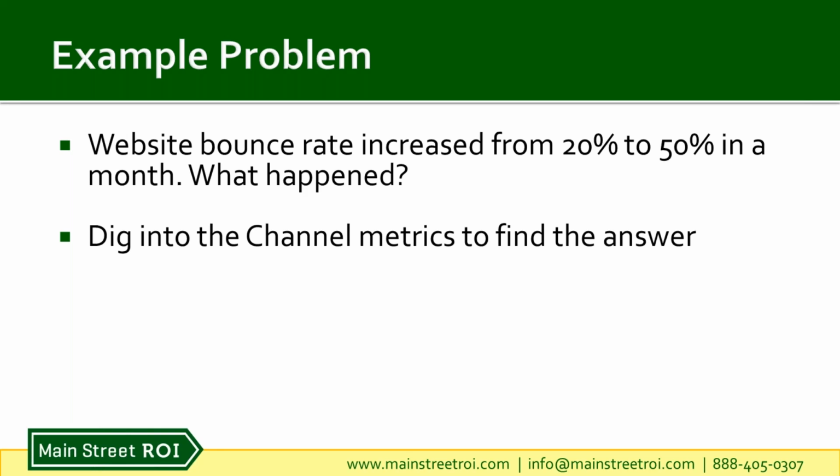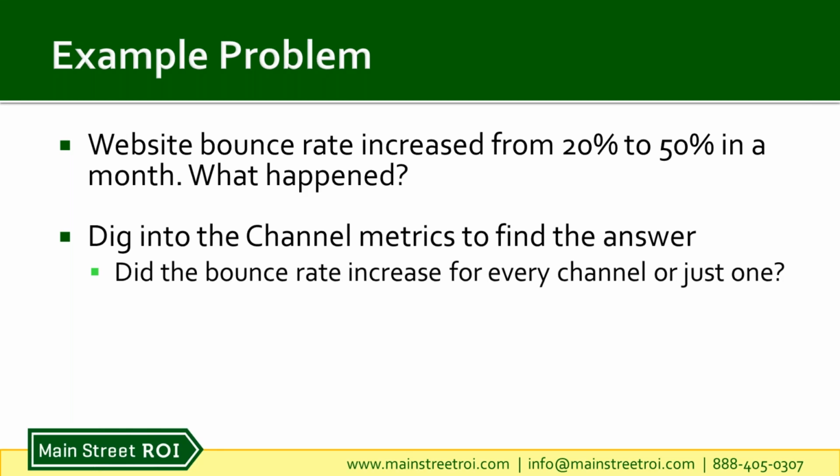So you can't just look at all of the website traffic and try to make a decision based on the aggregate data across all channels. You need to dig into each channel and then specifically answer the question, did the bounce rate increase for every channel?